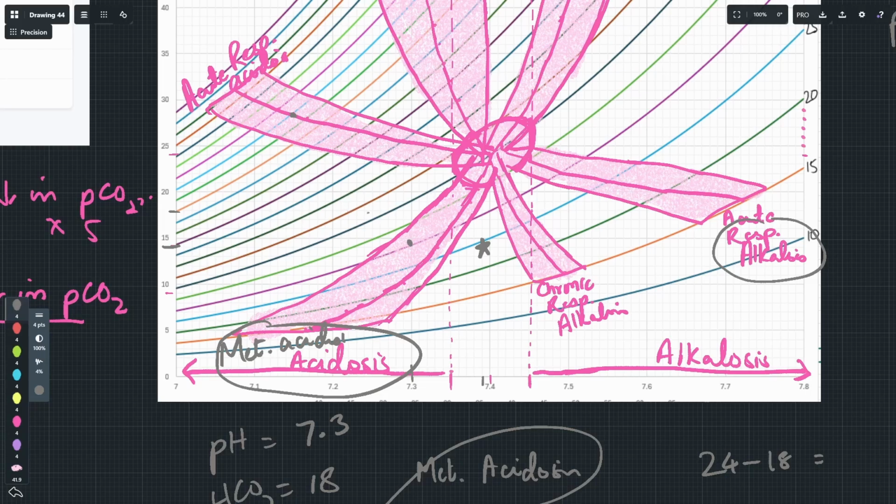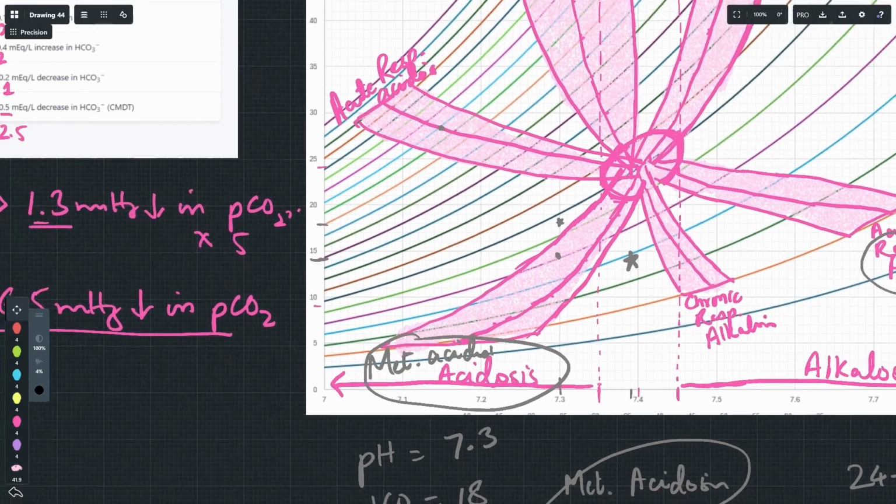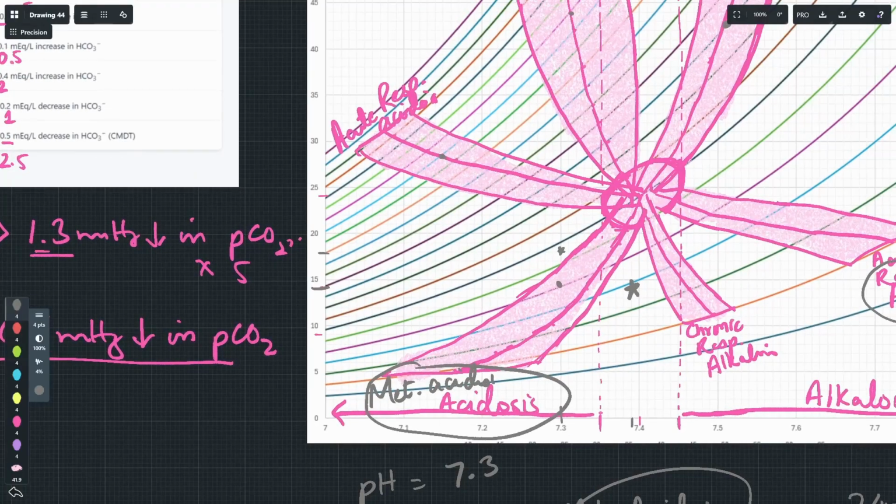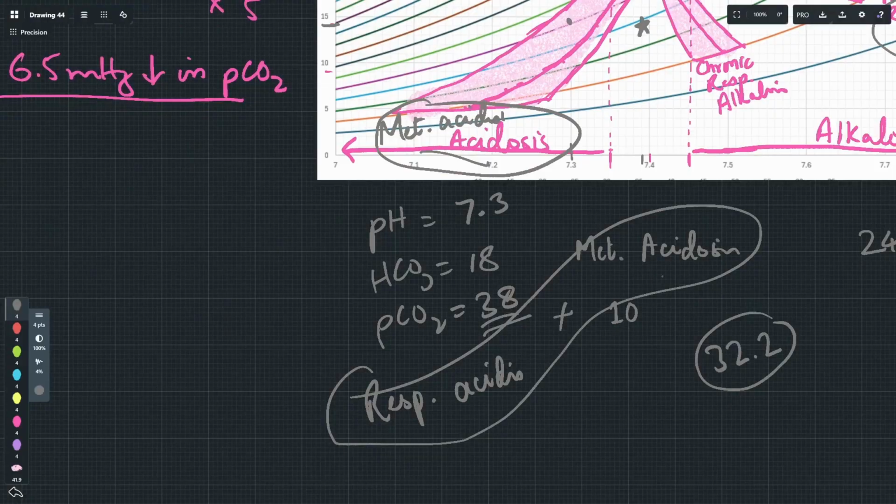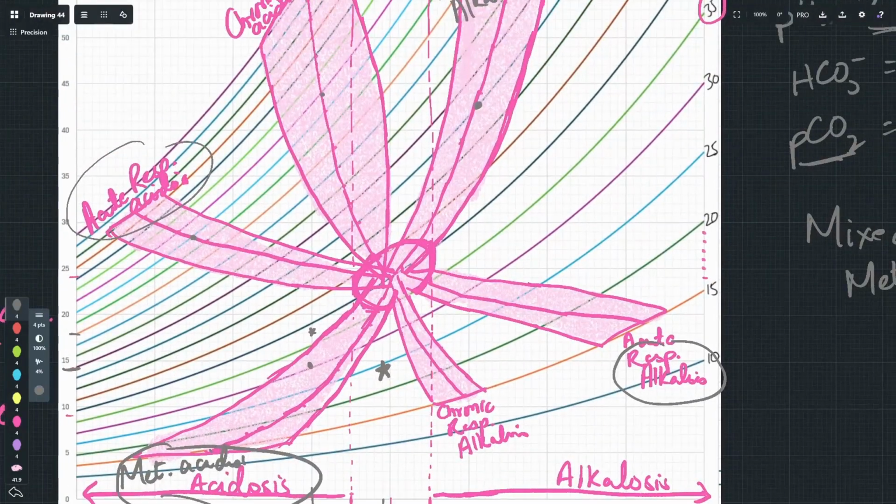So it would be somewhat here. You can see it is between metabolic acidosis and respiratory acidosis. So our diagnosis is confirmed: metabolic acidosis plus respiratory acidosis.